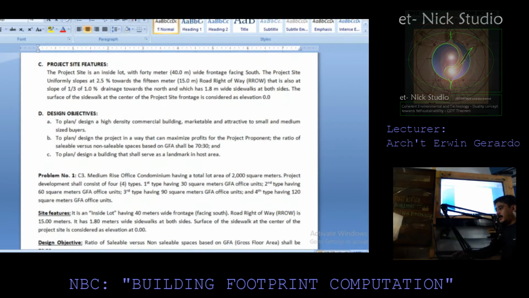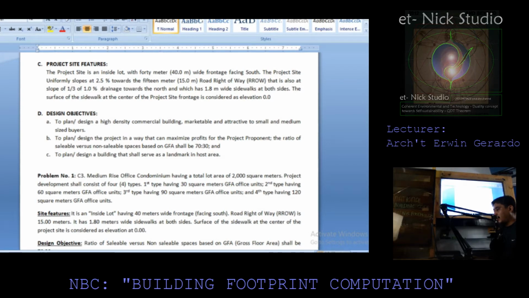Letter C, the project site features. The project site is located in an inside lot with 40 meters wide frontage facing south. The project site uniformly slopes at 2.5% towards a 15 meters road right of way, abbreviated as RROW.